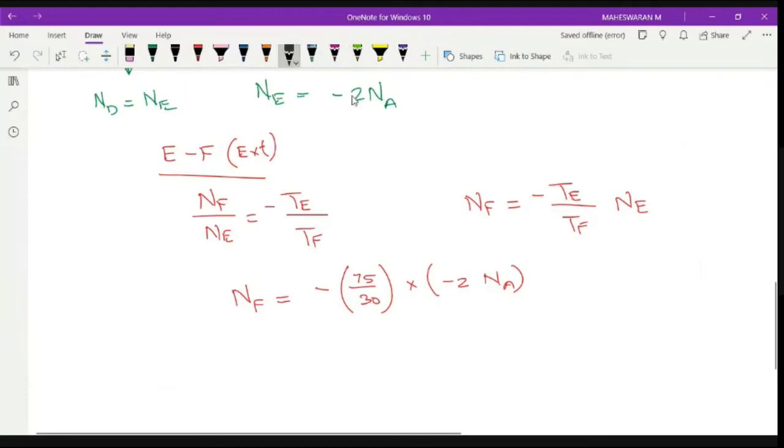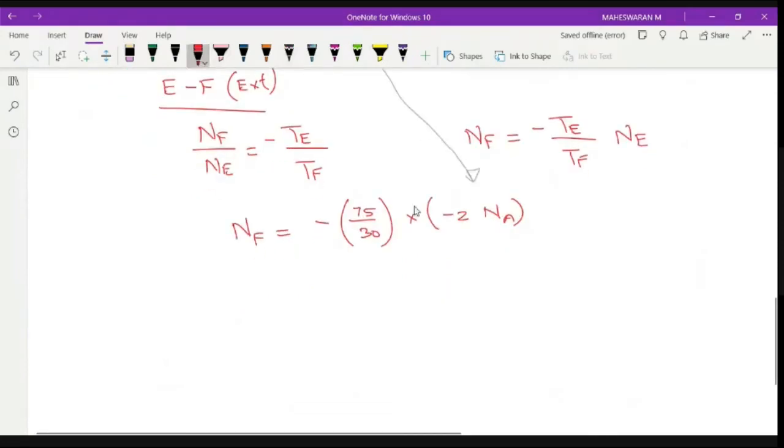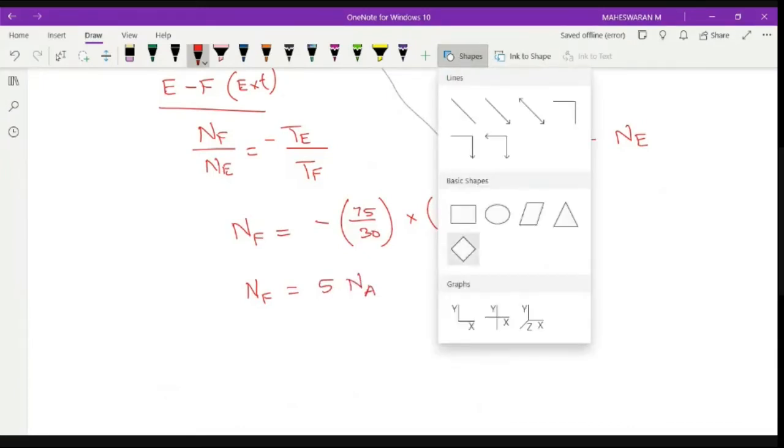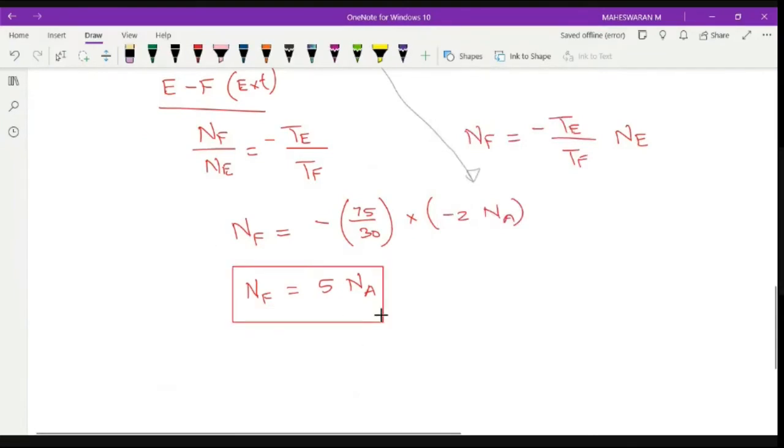I got this minus 2 NA from NE is equal to minus 2 NA. So NF is equal to 5 NA. Yeah, this is the next relation. So we got this also.